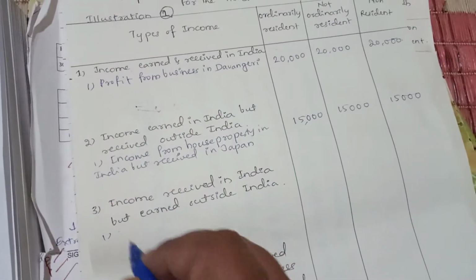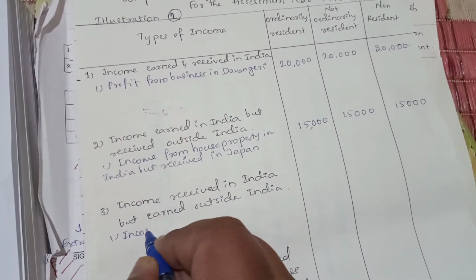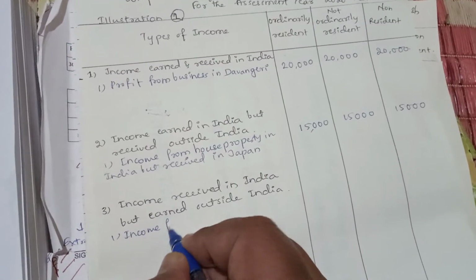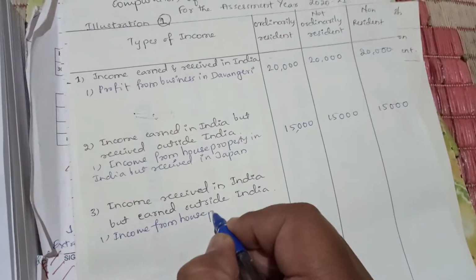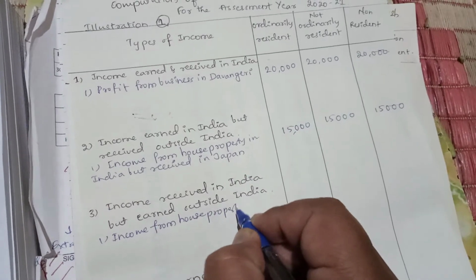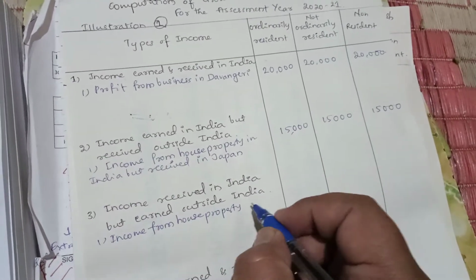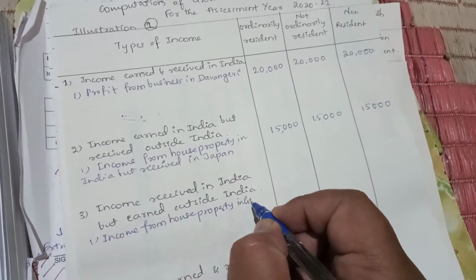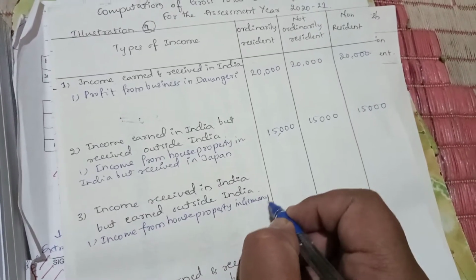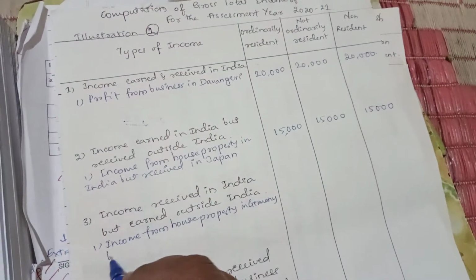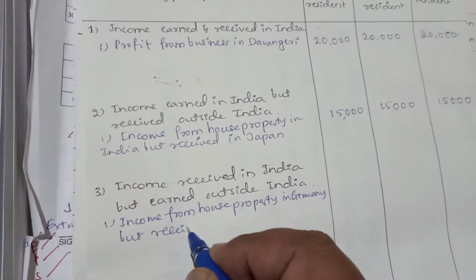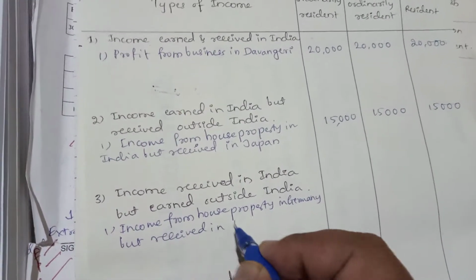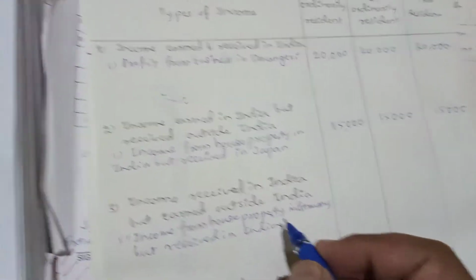So here I am going to write: income from house property in Germany but received in India amounted to rupees 18,000.